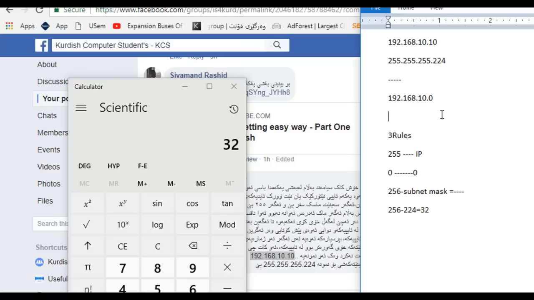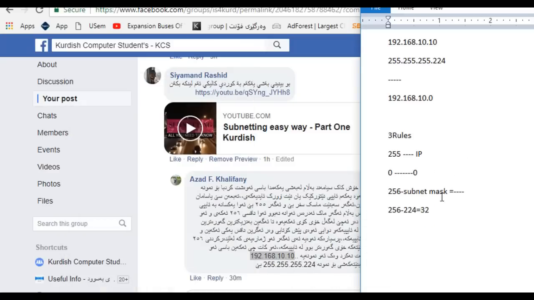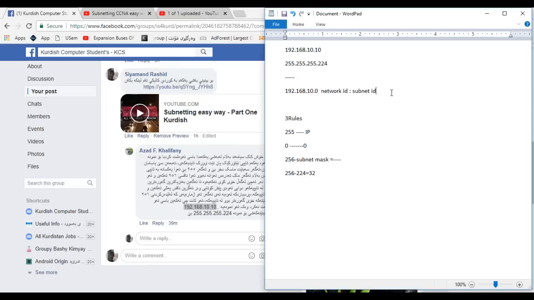So in any case, if the number you get from the subtraction is bigger than the IP address, we use the number before it, and if we have only this number, we should use 0 as the network ID or subnet ID.